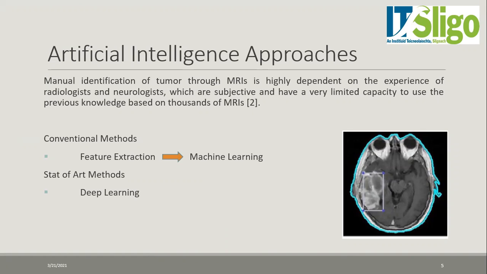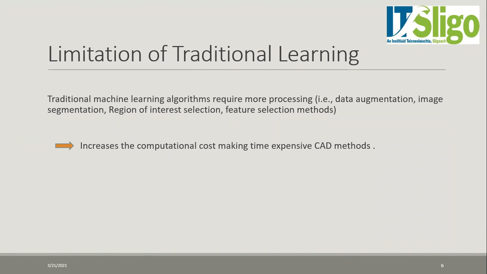For conventional methods, feature extraction has been used for machine learning purposes, and today's state-of-the-art methods are deep learning models. Traditional methods of machine learning have some serious flaws. These are not flaws, actually.